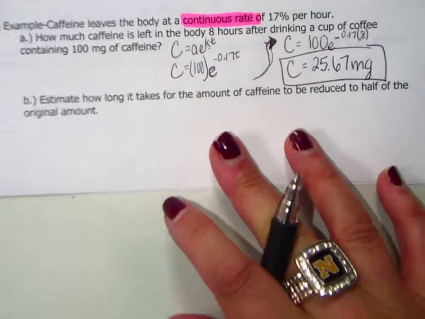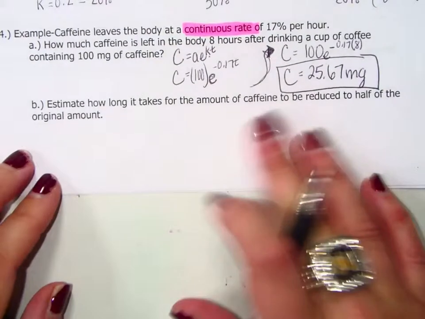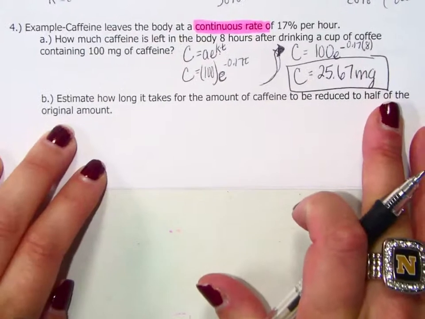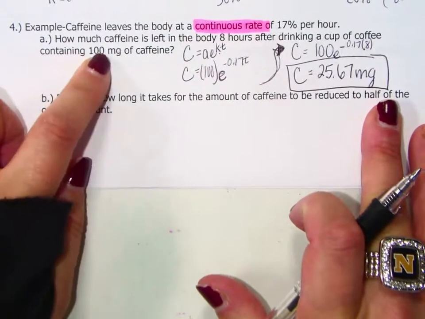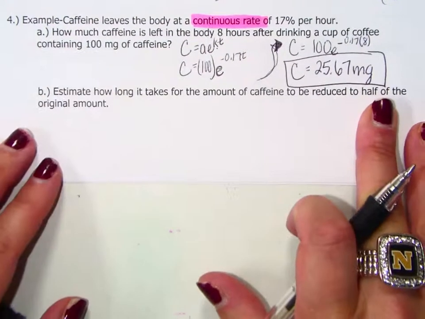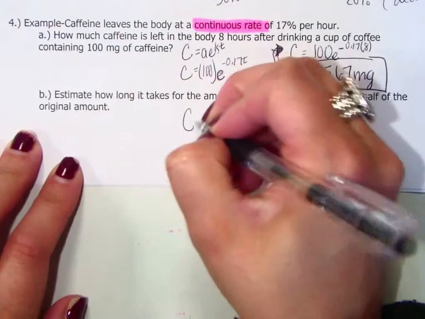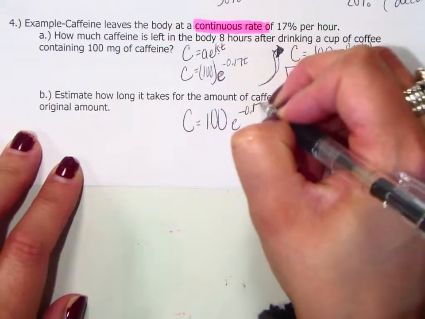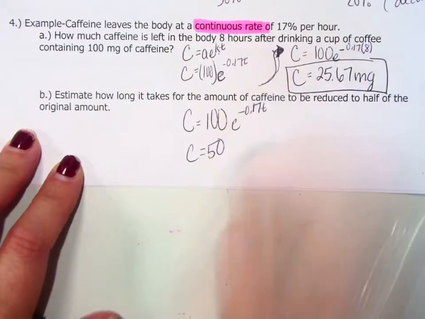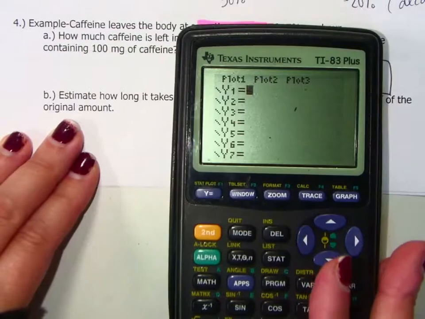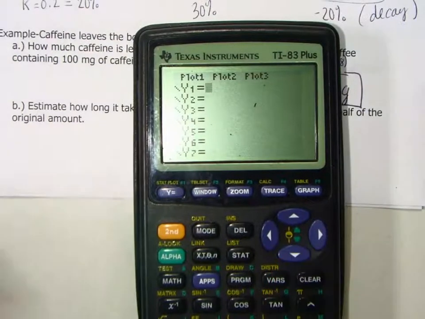All right, second question. Estimate how long it takes for the amount of caffeine to be reduced to half of the original amount. If the original amount was 100, I'm looking for how long it takes to get to 50. Exactly. So I'm still using our general model that we wrote, and I'm looking for when C equals 50. So we can do a similar thing that we did last time.